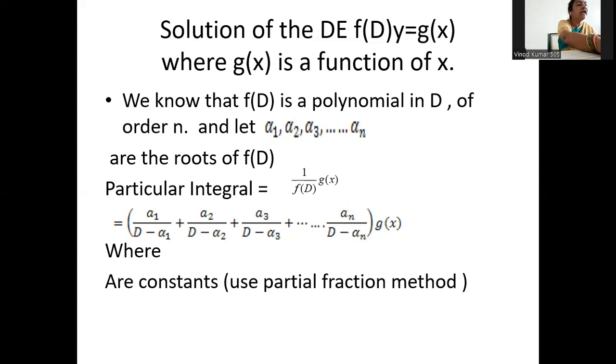Since a1, a2, a3, and so on up to an are constants, 1 by D minus alpha 1 works on g of x, 1 by D minus alpha 2 works on g of x, similarly 1 by D minus alpha n works on g of x.